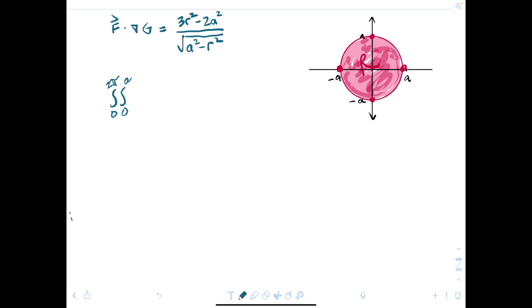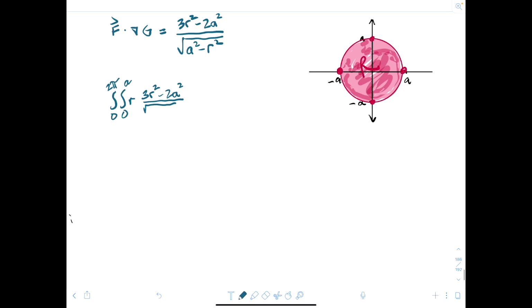And so we're going to end up having r from the formula converting to polar, and then times 3r squared minus 2a squared over the square root of a squared minus r squared dr d theta.